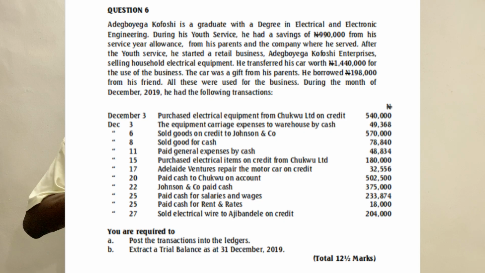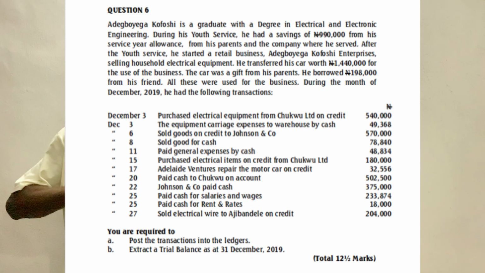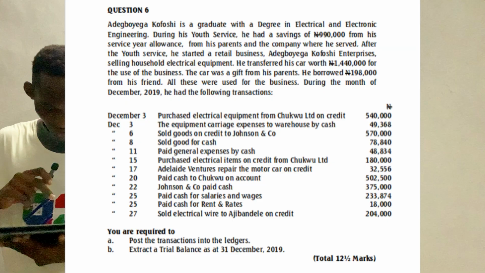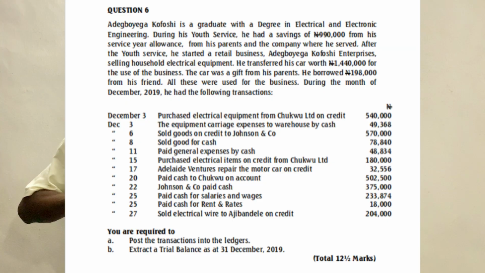After the youth service, he started a retail business, Adegboyega Kofoshi Enterprises, selling household electrical equipment. So you have to take note of what he's doing for his business: household electrical equipment. We'll make use of this information later on.